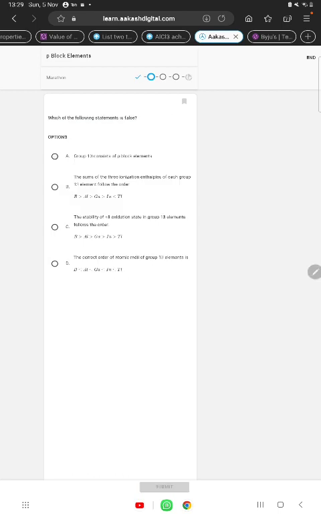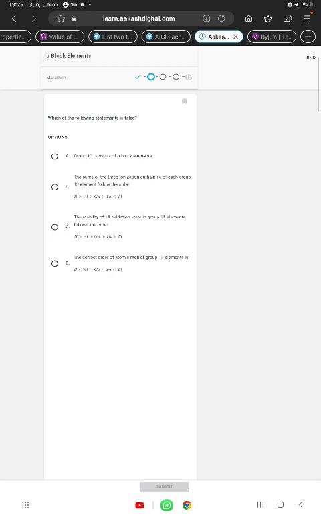Now check the next one. Which of the following is the false statement? Group 13 consists of p block. The sum of the three ionization enthalpies of each group 13 element follows the order boron, aluminum, gallium. No, this is wrong.